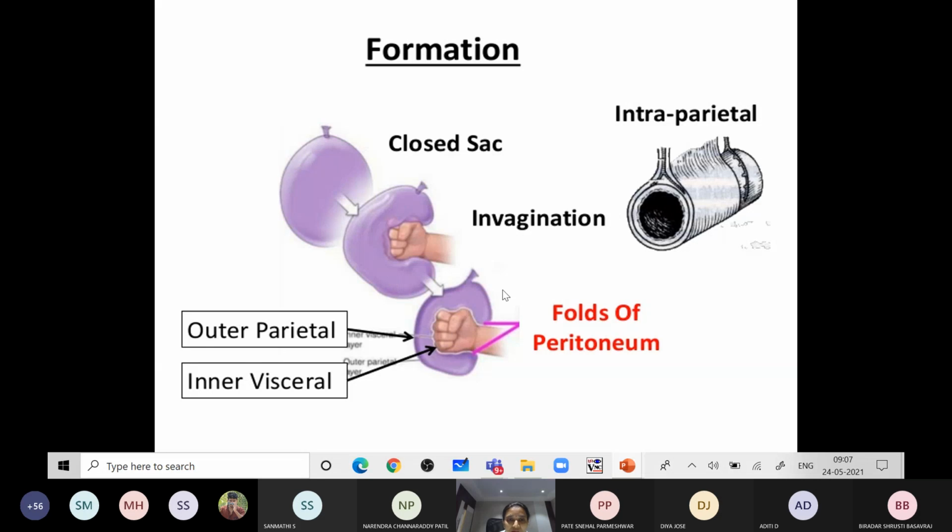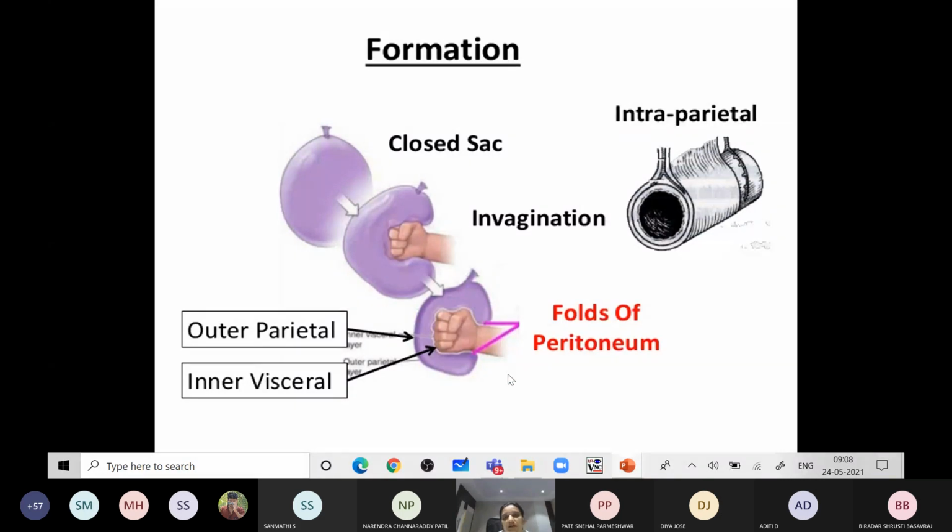The part which invests the organs intimately is the inner visceral layer, and the part outside is the outer parietal layer, and the space which remains between the visceral and parietal layers is the peritoneal cavity.